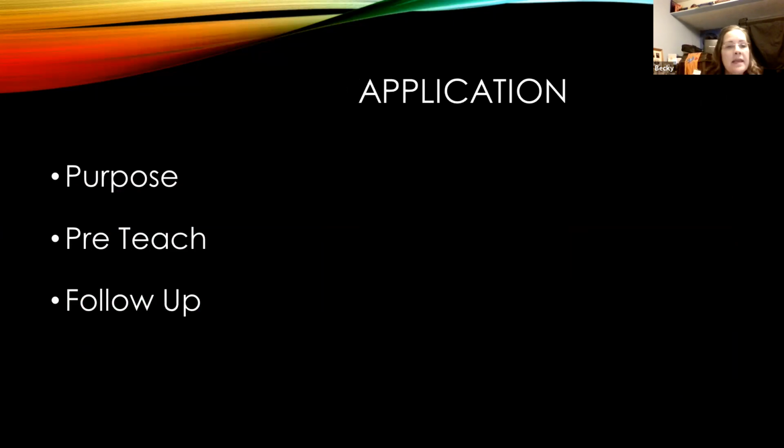So when we're thinking about the application, how to put all these things together, we want to think about the purpose of the activity. So let's go back to using our symbols for literacy. So we have a literacy group and we're going to teach literacy.